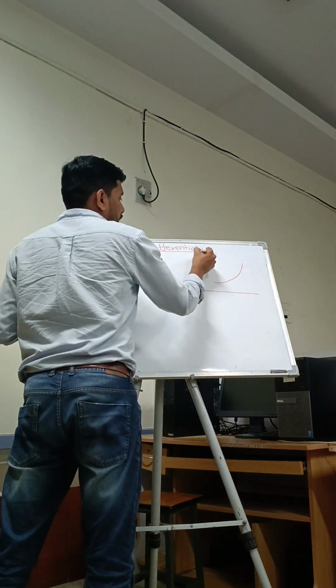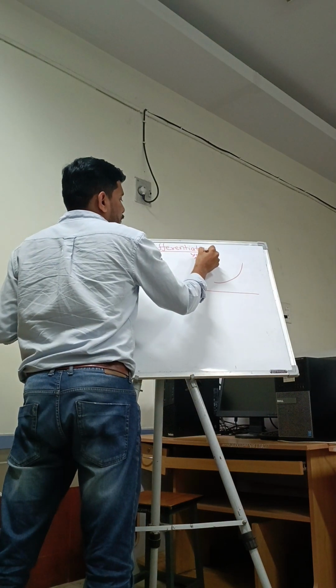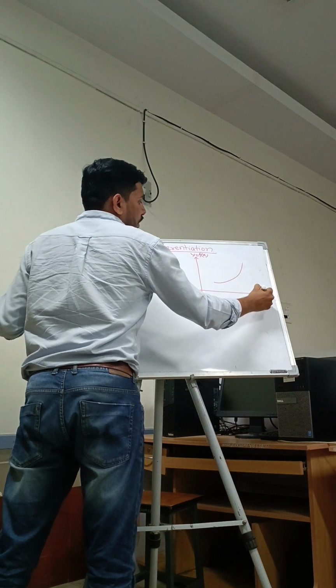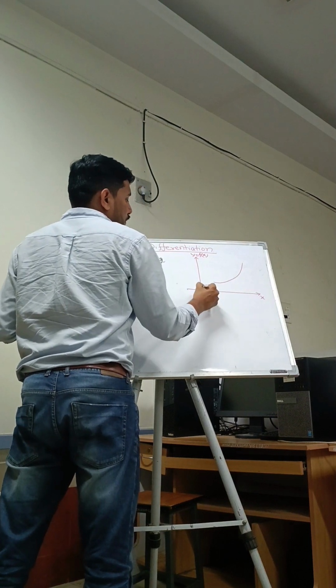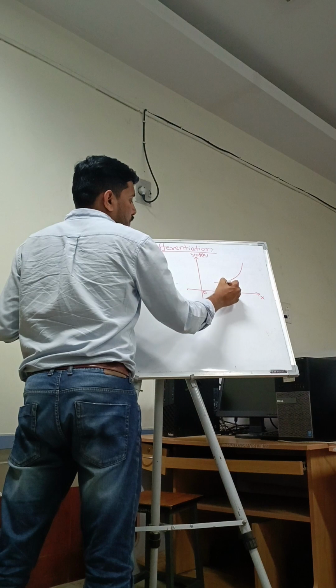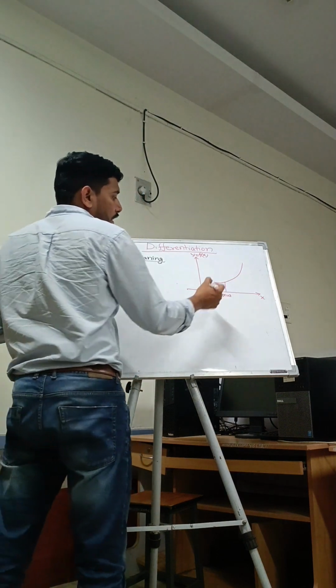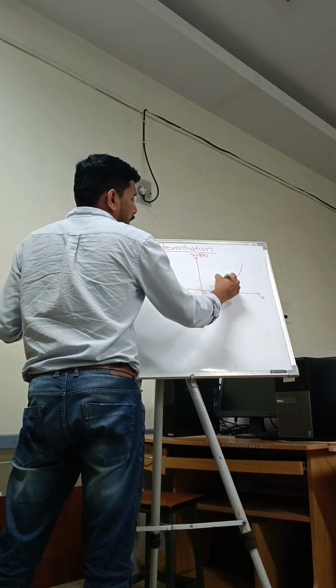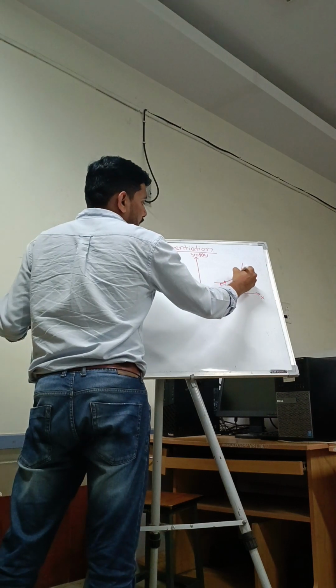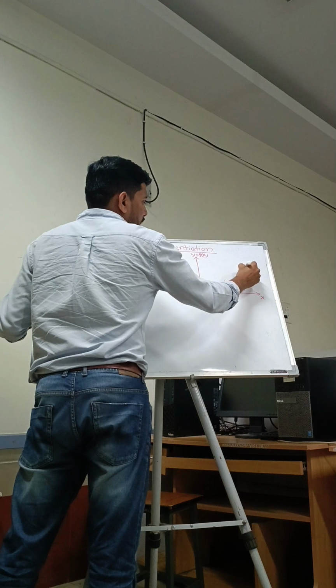This is our x axis, and this is the origin 0. Suppose we take x equal to a. This is a point P, and this other point is Q.